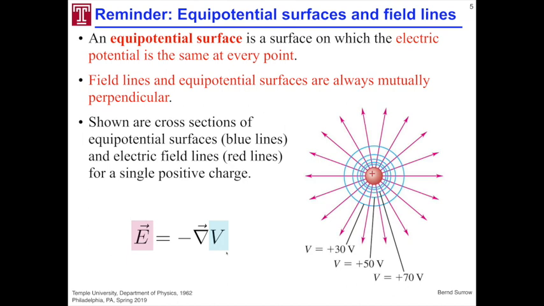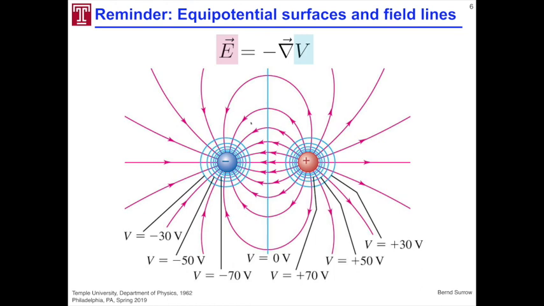All right, so here I show you another example of a graphic illustration of an electrical field, which is much more complicated now, not just one charge, but two charges. A positive charge on the right and a negative charge on the left here. The electrical field and the respective equipotential lines. Equipotential lines meaning where the electrical potential is identical, going from minus 30 to minus 50 to minus 70 volts and so on.